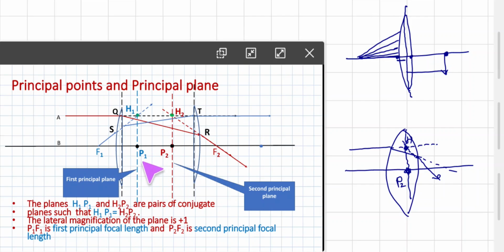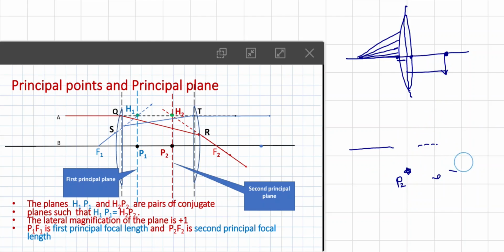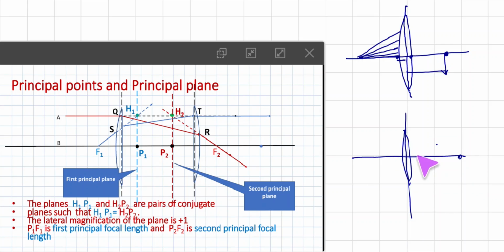Now see, whenever we talk about a thin lens, and whenever we measure focal length, suppose this is a focal point, the measurement is taken from the lens because the two surfaces are so close that focal length is measured from this point. Now here, remember that this is a thick lens, and the center is somewhere different.